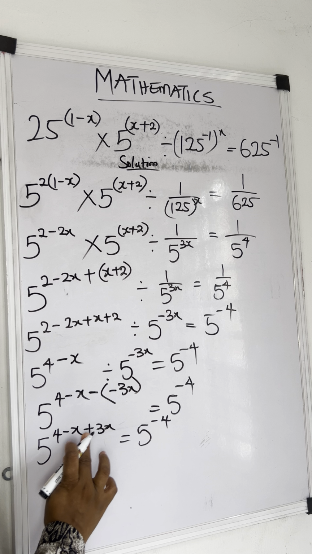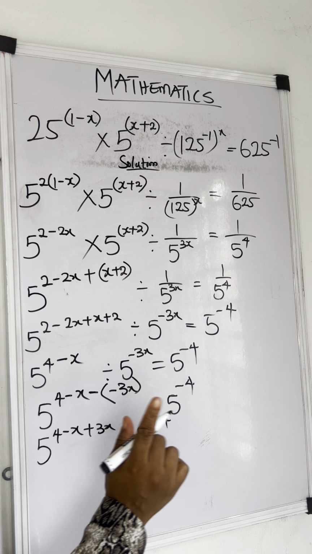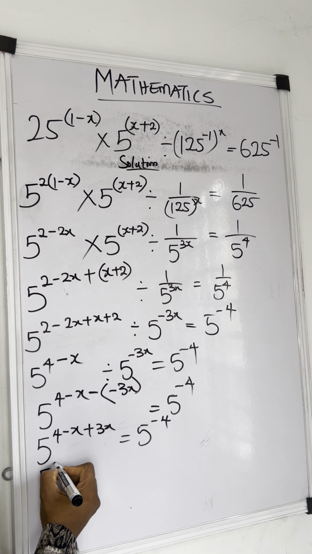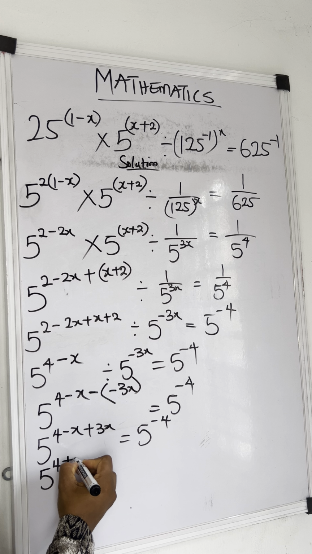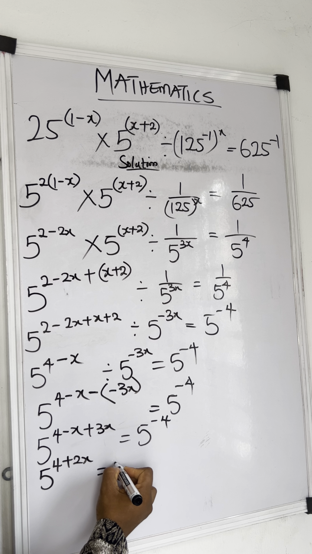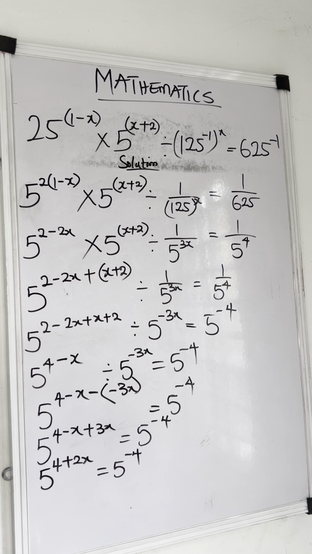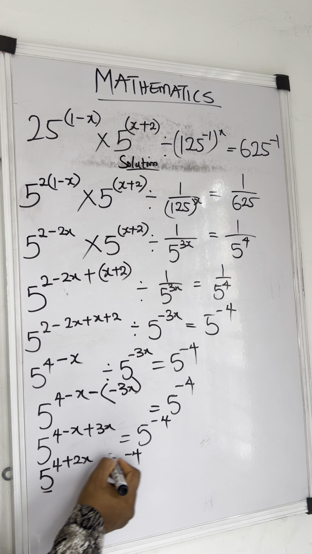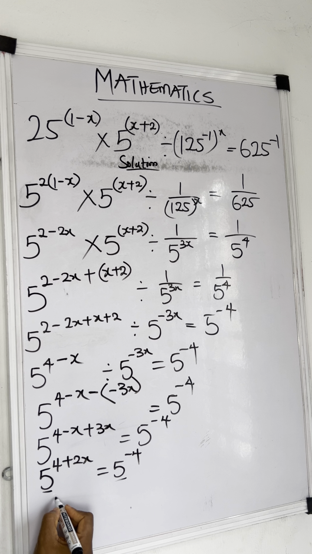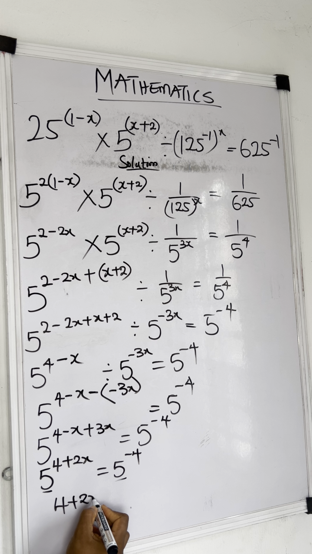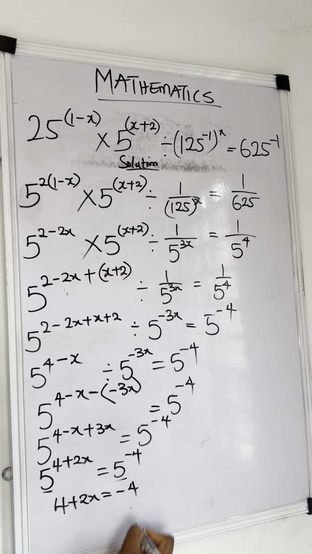So minus x plus 3x is going to give us 2x. So 5 raised to power 4 plus 2x is equal to 5 raised to power minus 4. Since we've gotten to this point, the bases are the same, so let's equate the powers. So 4 plus 2x is equal to minus 4.